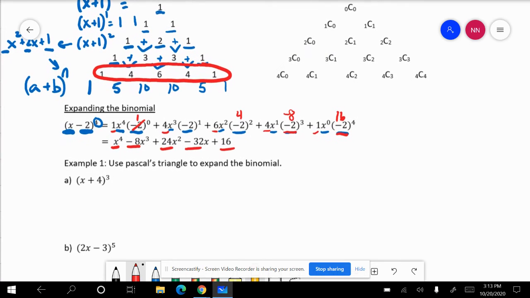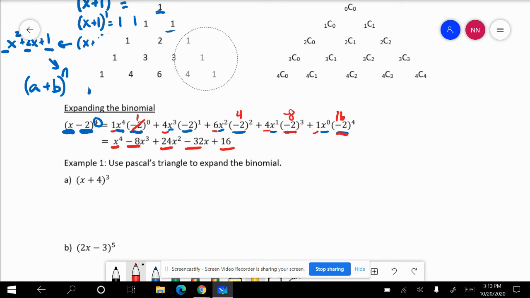So let's look at our example, x plus 4 raised to the 3rd. Now, remember, there's 3 different patterns. Our first pattern is our coefficients. Since it's degree 3, we're going to be looking at 1, 3, 3, 1. So our first, our second, our third, and our fourth. So we're going to have 4 terms.